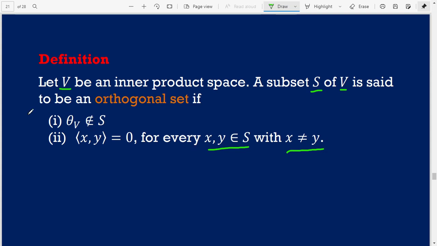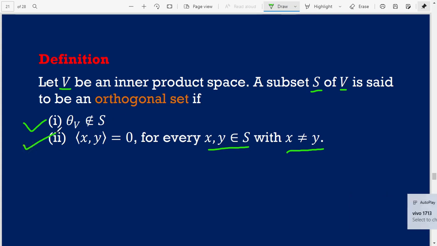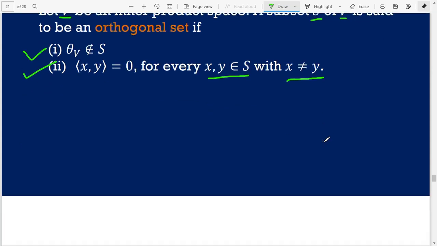In this definition, first condition, 0 vector does not belong to S, and second condition, inner product x with y is equal to 0 for every x, y belongs to S with x is not equal to y.